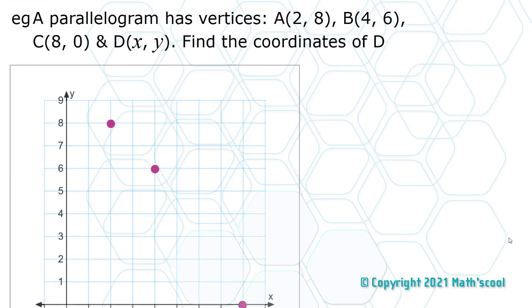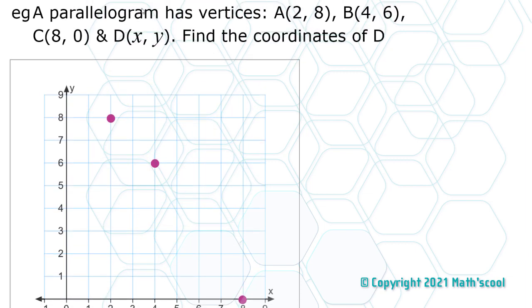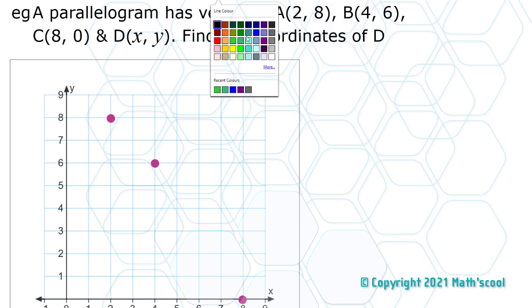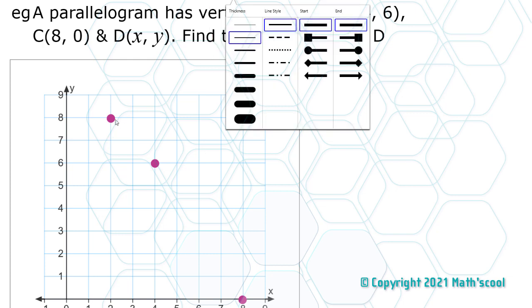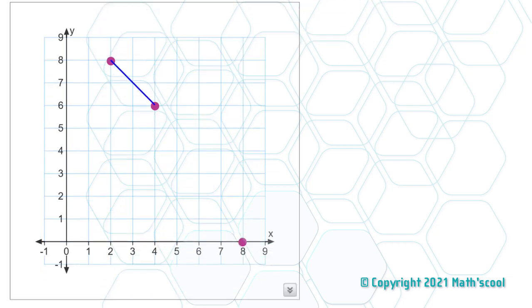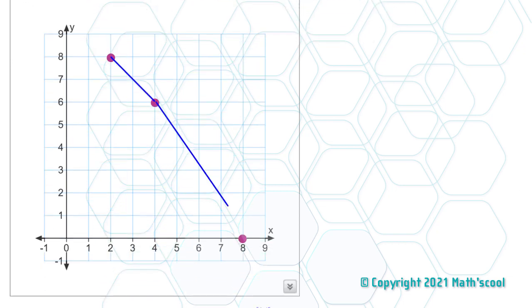Okay, we have a parallelogram. It's got vertices 2, 8. So here's one of the vertices, 2, 8. I'll just go back to a solid line, and I'll make it a bit thinner. So there's one of the vertices. And then here's the other vertex. Okay.